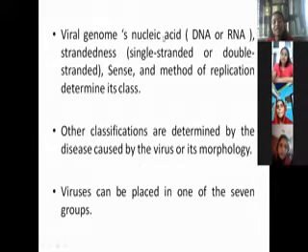Everything determines its class. Other classification is determined by the disease caused by the virus or virus morphology. According to one classification, viruses can be placed in one of 7 groups.